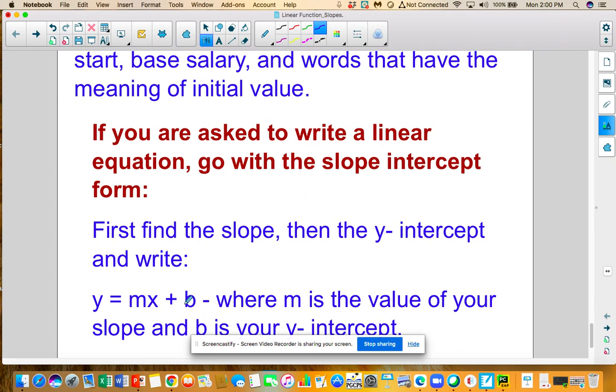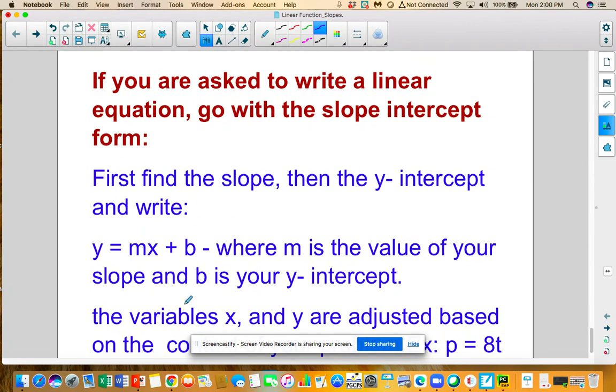For example, if I read a problem and identify that the slope is 8 and the y-intercept is, let's say, 20, I can write the equation y equals 8x plus 20.